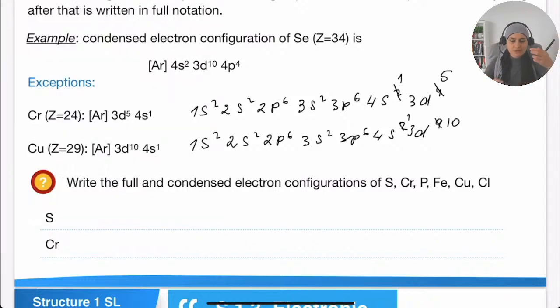Again, I'm promoting an electron from 4s to 3d. And this is the condensed configuration, so please remember that.